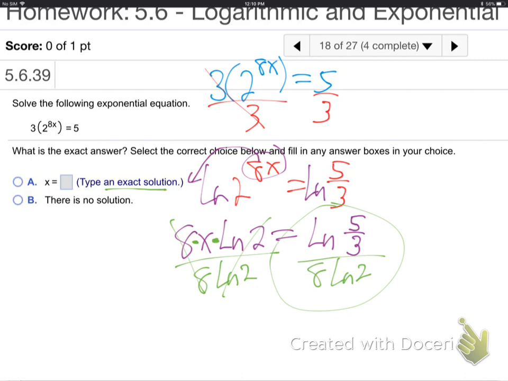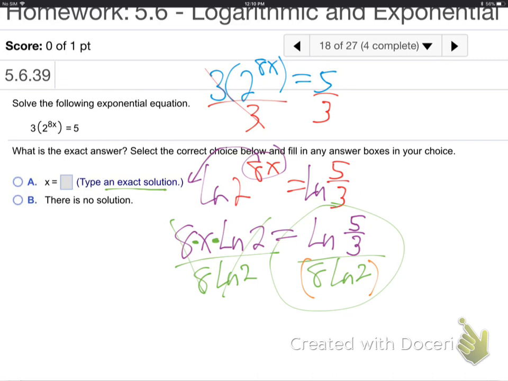I'll get it too. Remember when you type that into your calculator, when there's more than one thing in the numerator or denominator in any zone, you've got to put parentheses around that zone. So you notice there's 2 things in the bottom. You're going to have to parenthesize the bottom because there's both an 8 and an ln 2.